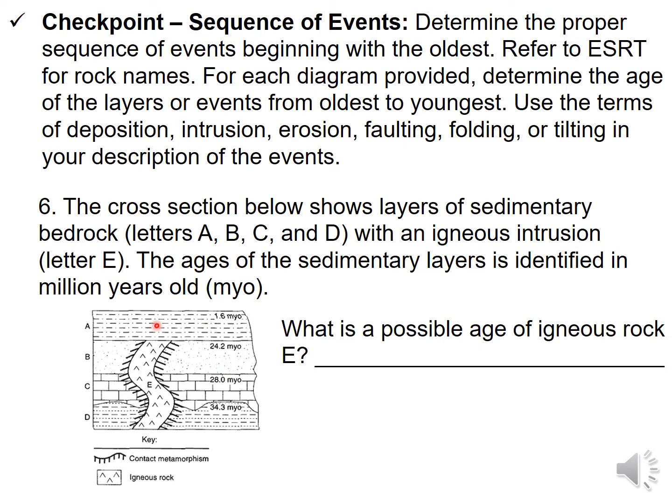But it didn't cut through the 1.6 million year rock, which means it has to be older than that. So our age range for the intrusion is between 1.6 and 24.2, which they said 1.7 and 24.1. I would just stick with 1.6 and 24.2.